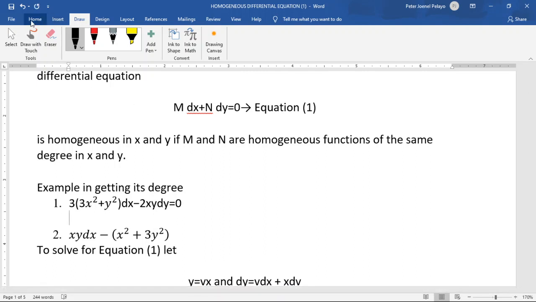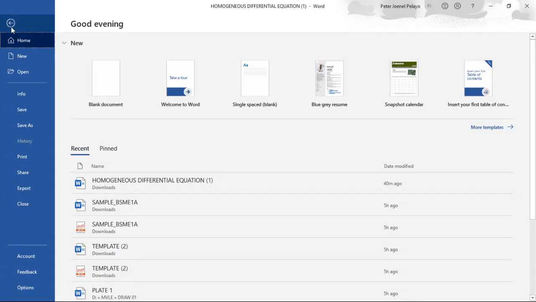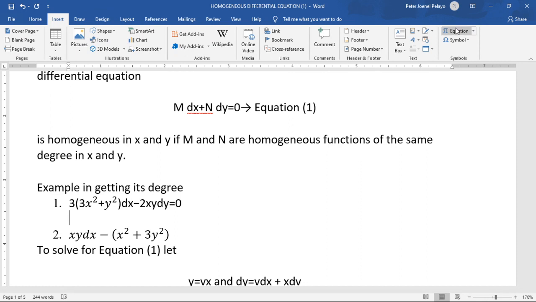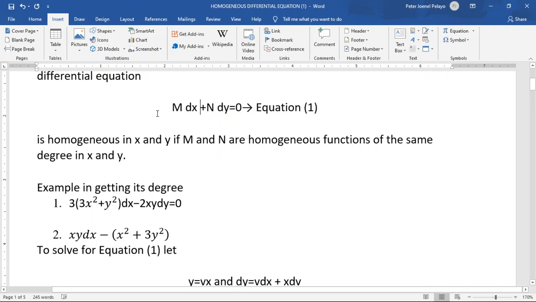Now, first, we will establish what is M and what is N. From this equation 1, ang M natin will always be the partner of dx. And then, N naman natin will always be the partner of dy.